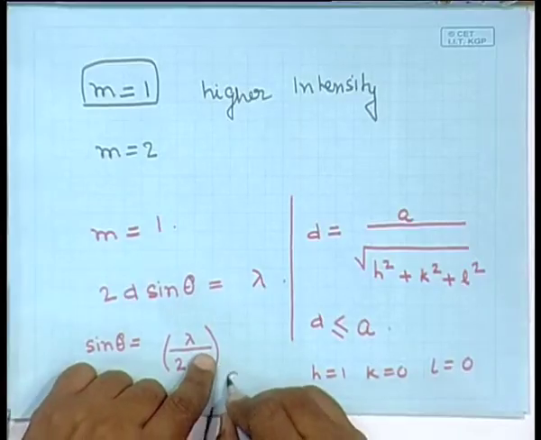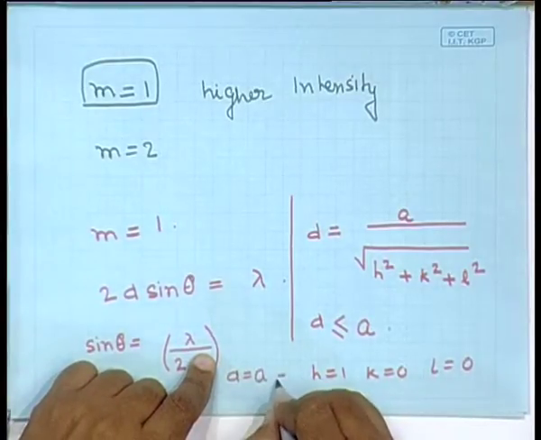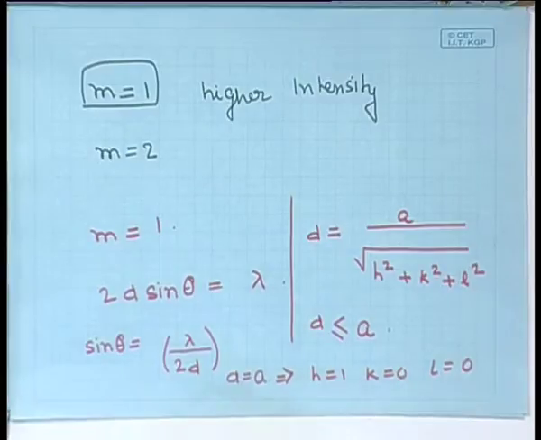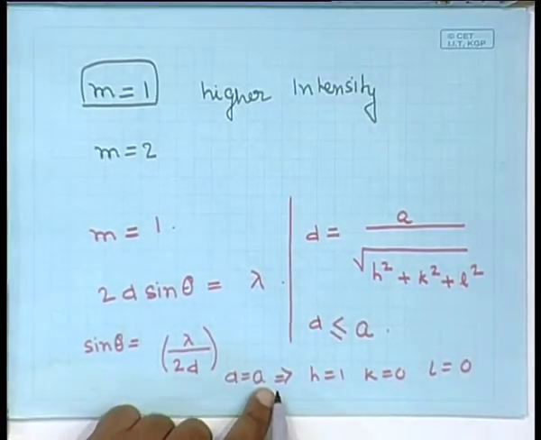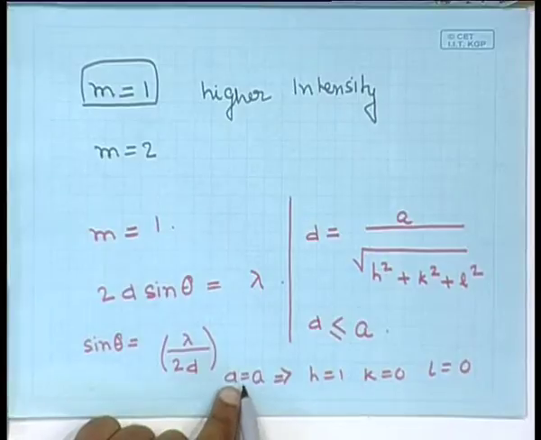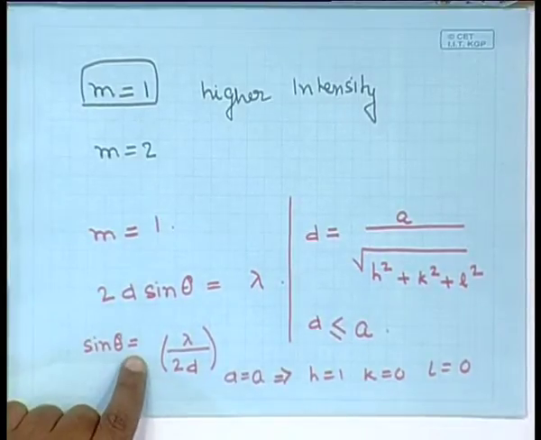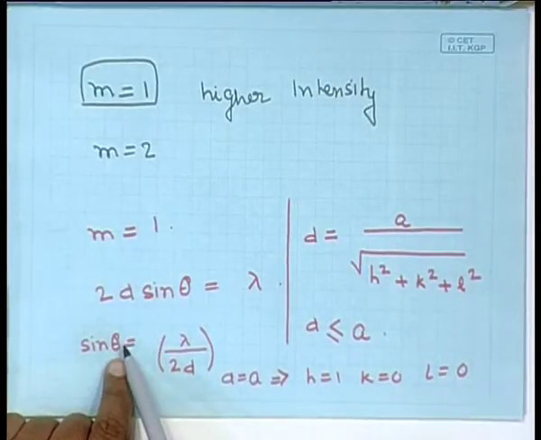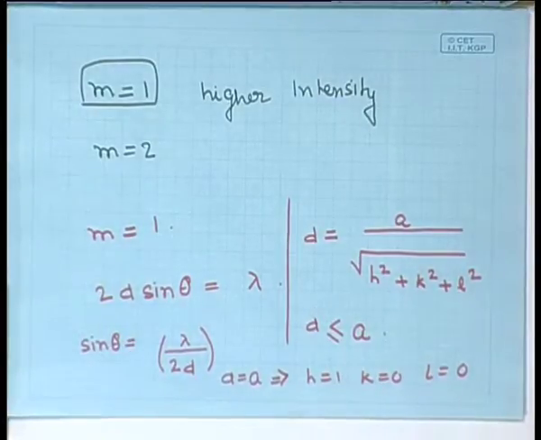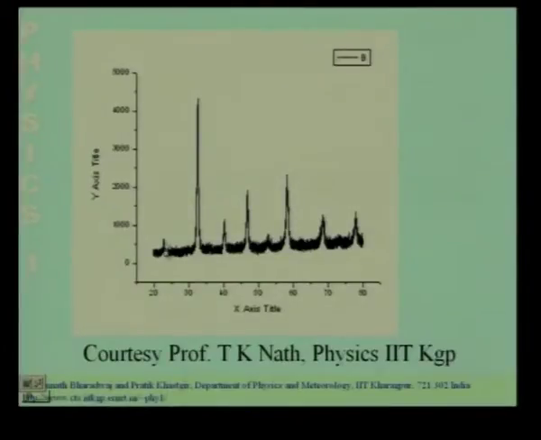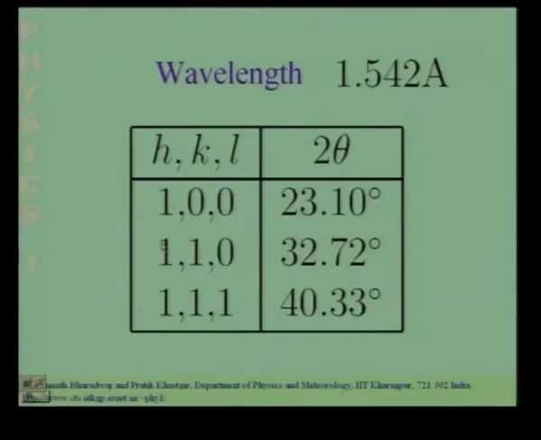So, d equal to a is the largest possible value of d, and this is going to give you the maxima at the smallest angle theta. So, we can interpret this line as arising from d equal to a, and the angle corresponding to that line is 23.10 degrees.